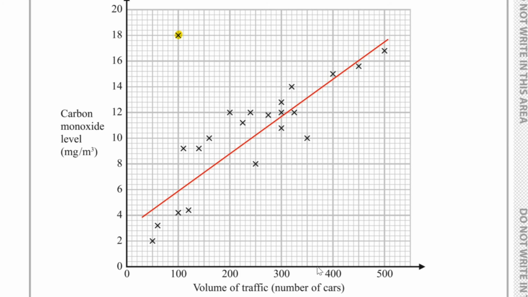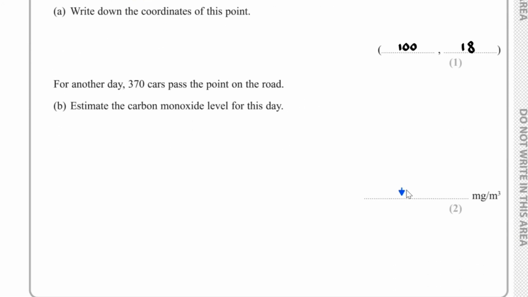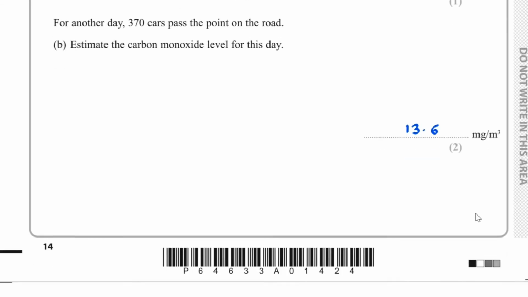We draw a line up from 370, which is over here, and then a line across. It turns out we get 13.6. So we have 13.6 milligrams per meter cubed.